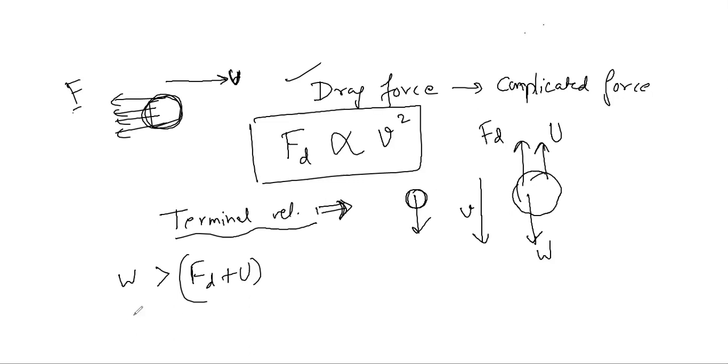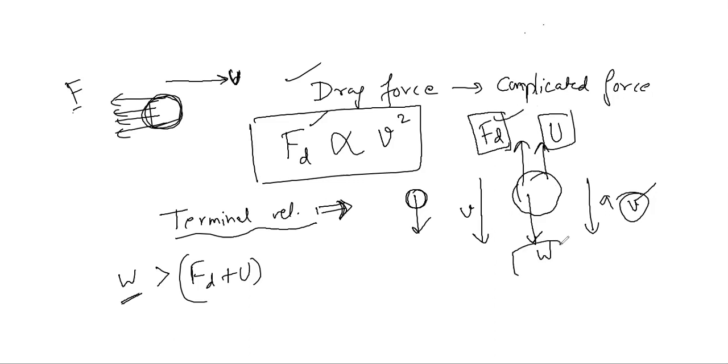Since weight is greater than this upward force, due to the acceleration of the object, velocity is continuously increasing. Now, since velocity is increasing, the dragging force is also increasing. That means one instant will come when Fd plus U will balance the downward force.